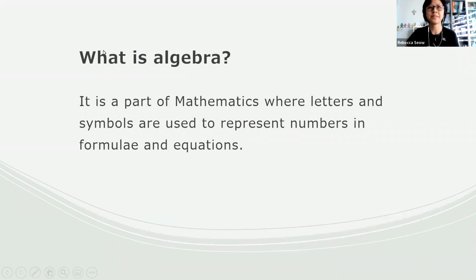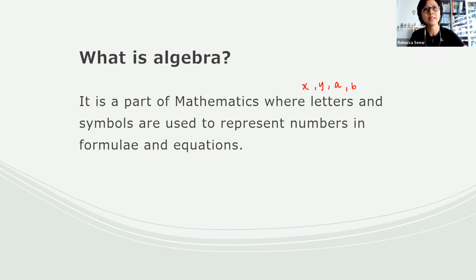Now, what is algebra? Let us just start with the meaning for algebra. Algebra is a part of mathematics where letters would refer to, for example, X, Y, another common letter used, A, or even B, so on and so forth.